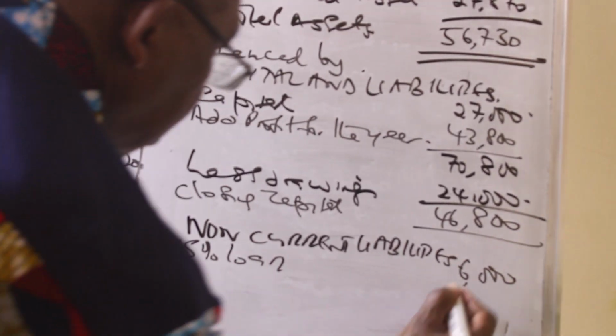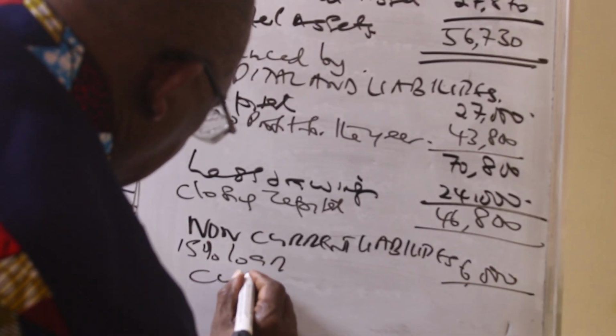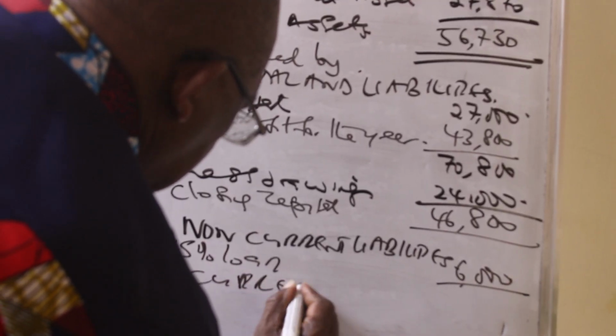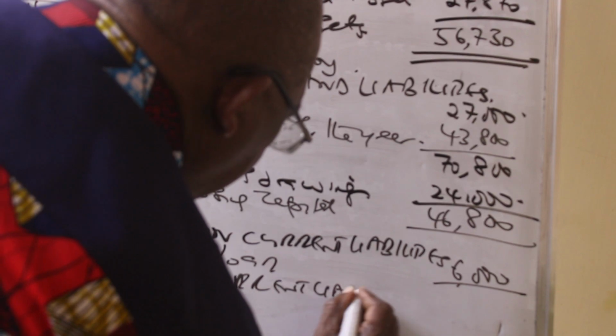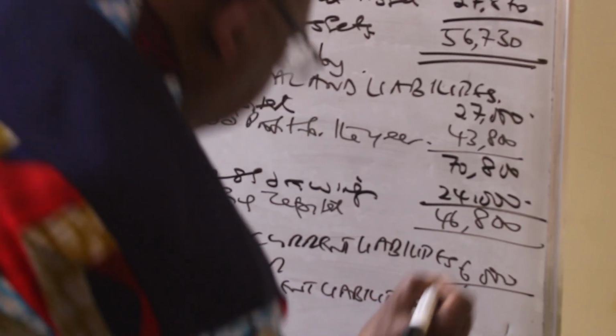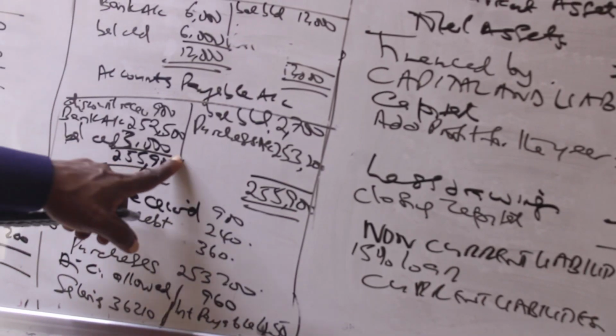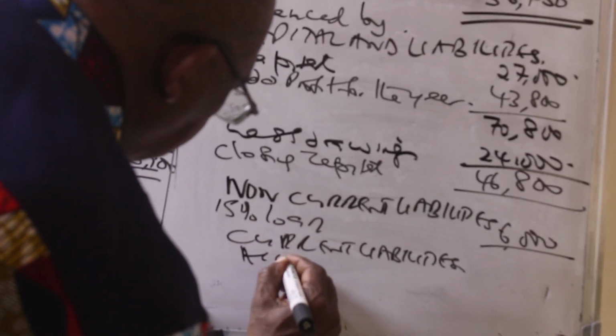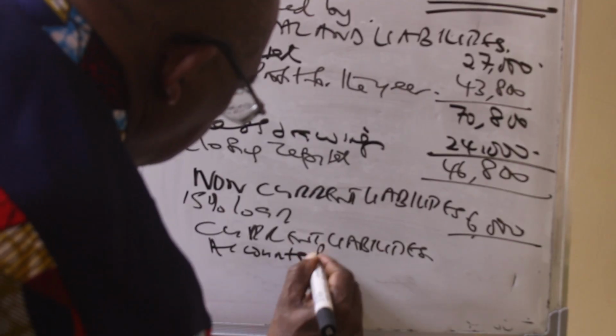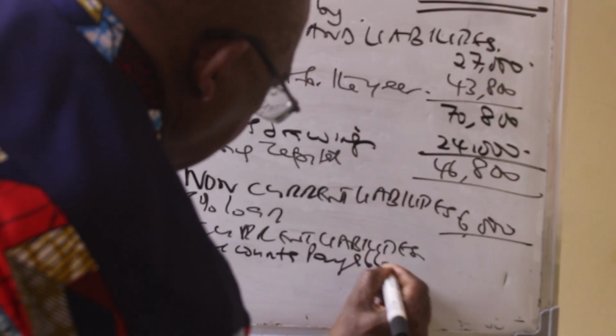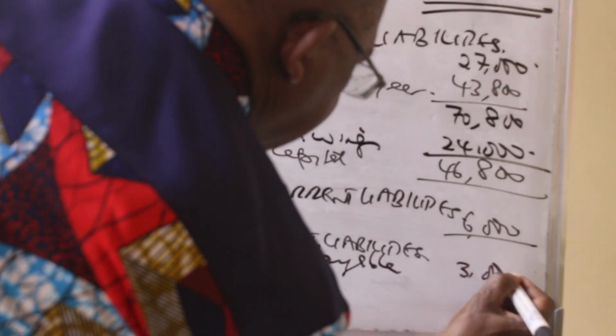Then we go to current liabilities. Remember the format: current liabilities start with bank overdraft, then trade payables. Our trade payables, or accounts payable, is 3,000.